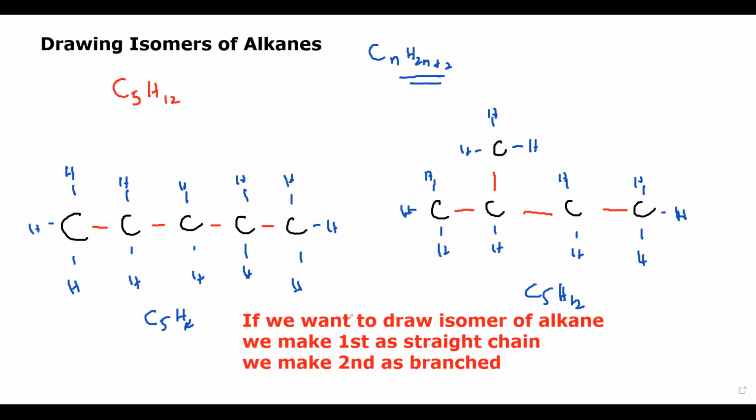Now, if I want to draw another isomer, like example C, yes, we can make as many as we can. We can make the third as a branch as well. That's true. But normally in the exam, they ask you to draw 2 isomers.